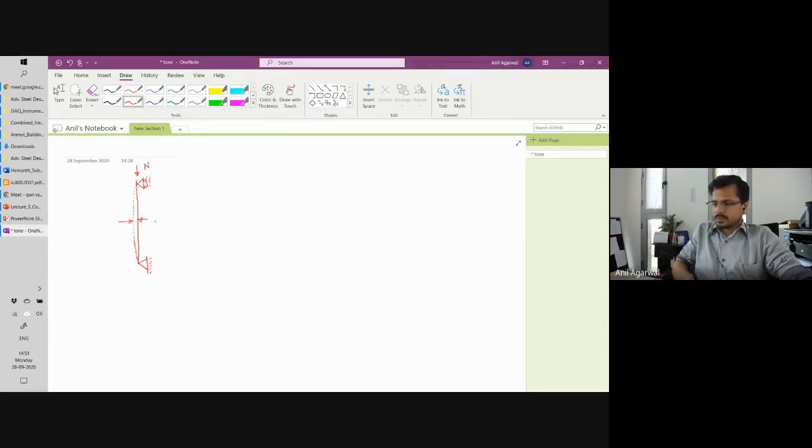So delta 0 is the maximum imperfection, and V0 is the imperfection anywhere. So V0 is actually a function of X. I'm counting my X from here.